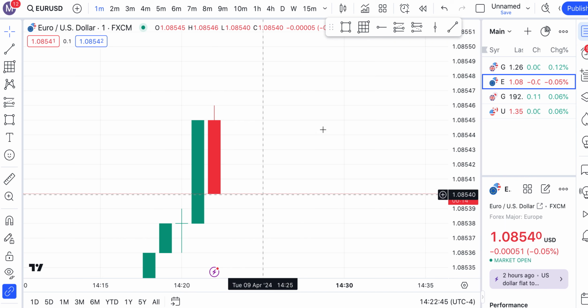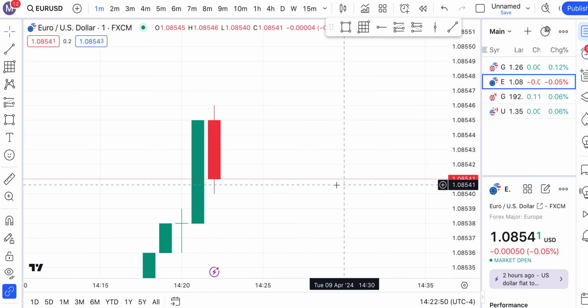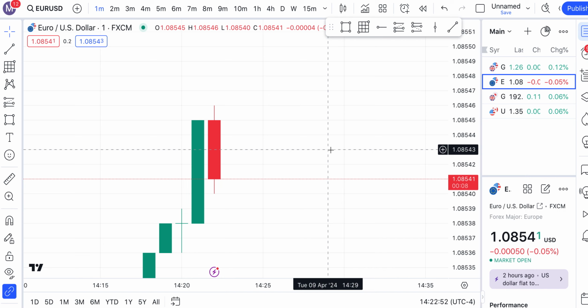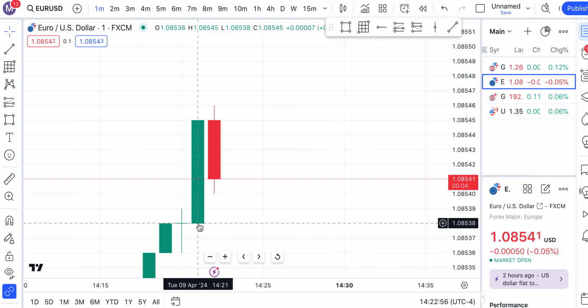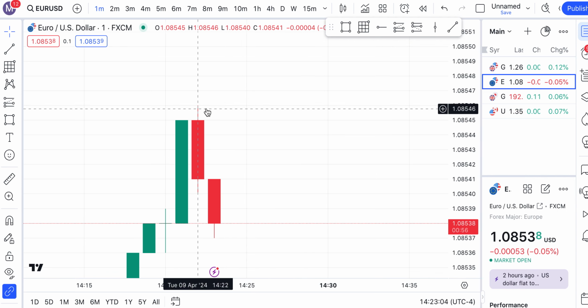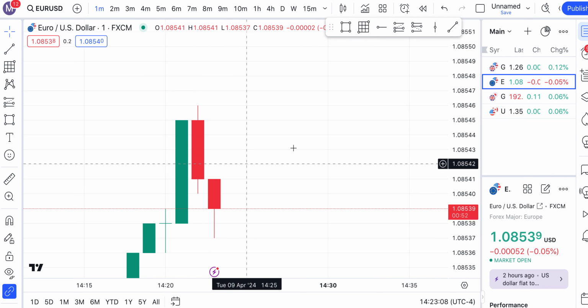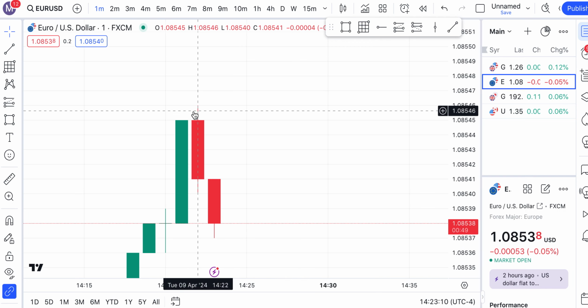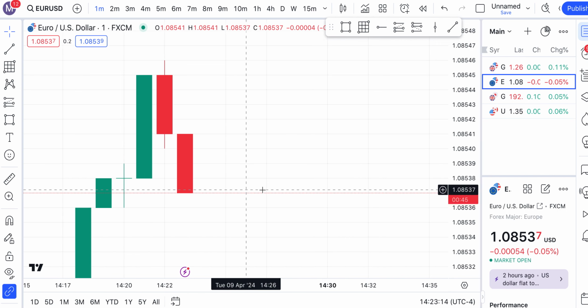It's down here currently and it moved back up, so it left the wick, moved back up, left the wick. You see that? But it hasn't closed yet, so we'll see where it closes. 4, 3, 2, 1. So that's a perfect example. We opened here, we came up here at some point, and we came down here at some point and closed here. And it left a wick behind because we did not close at those points.